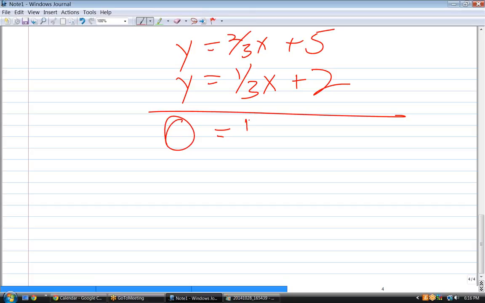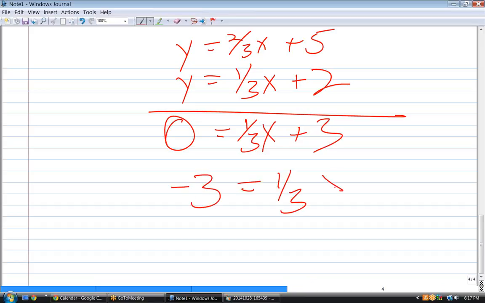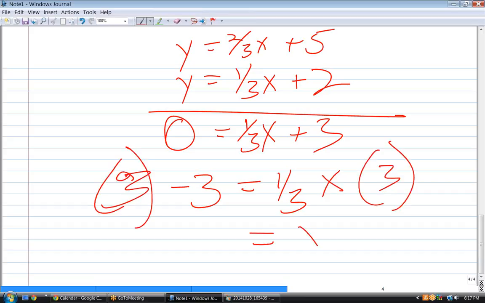2/3 minus 1/3 is 1/3. 5 minus 2 is 3. Now I move the 3 to the other side. Multiply both sides by 3. And that's how I get x equals minus 9.